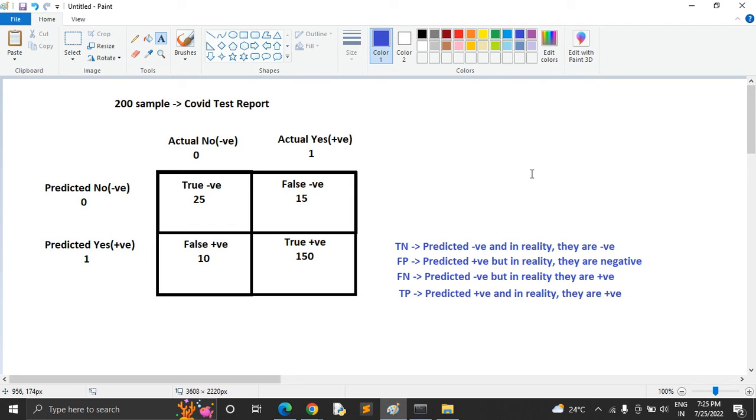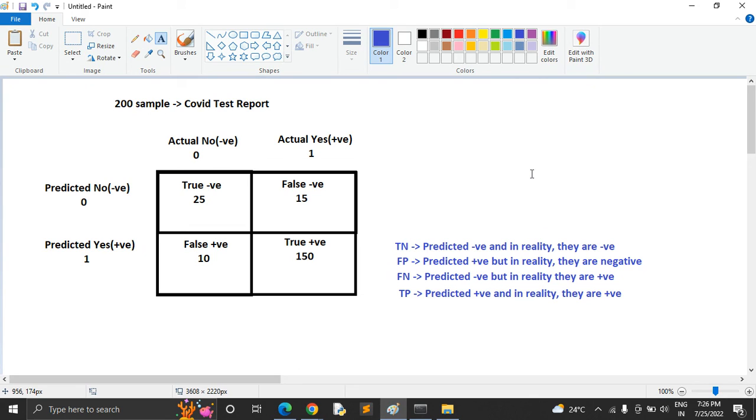And the last situation, true positive, where reality and prediction say the same, that they are COVID positive. So this is what we call a confusion matrix, where we can check how good or bad your model is.